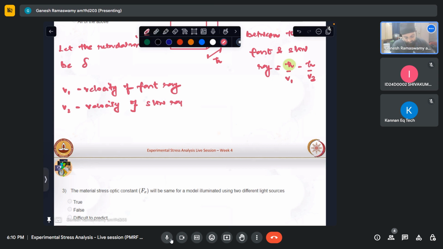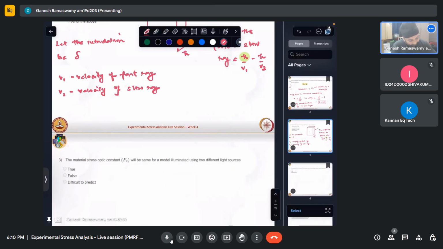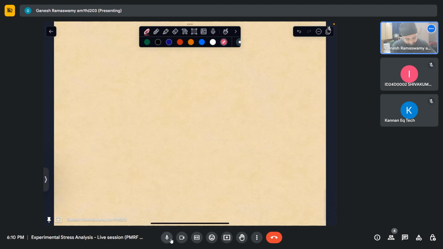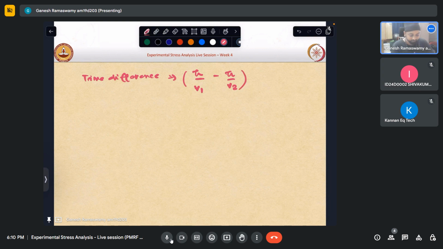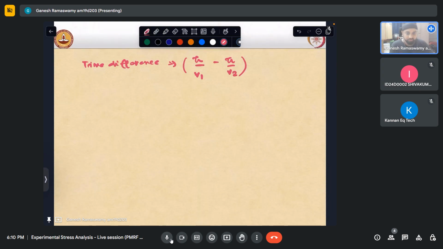Okay, now we know the time difference. So the time difference is h by v1 minus h by v2. In this, what is the retardation it would have acquired?